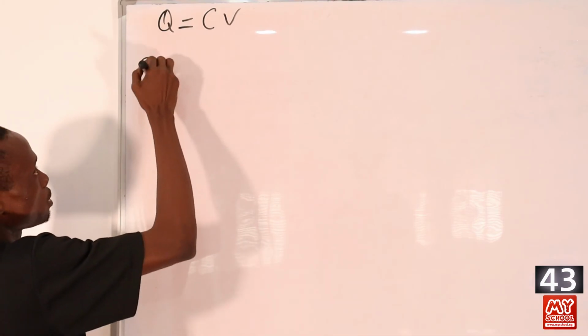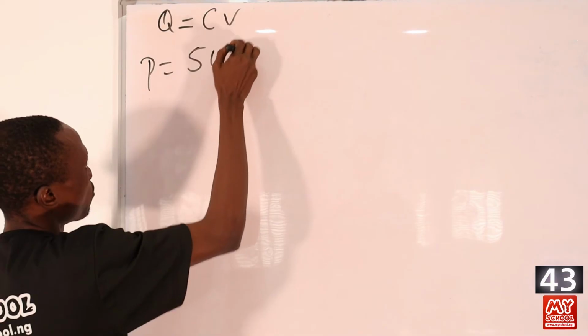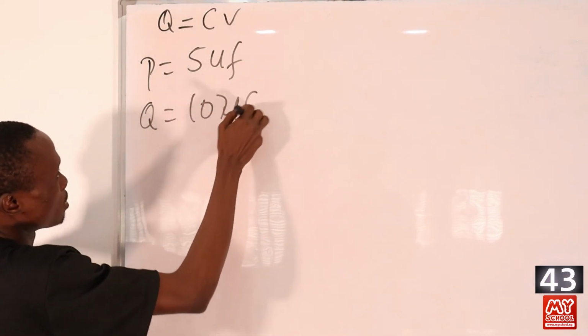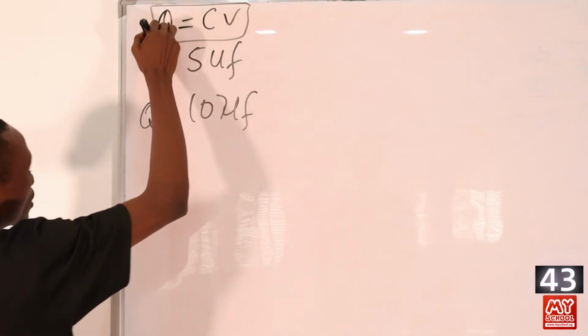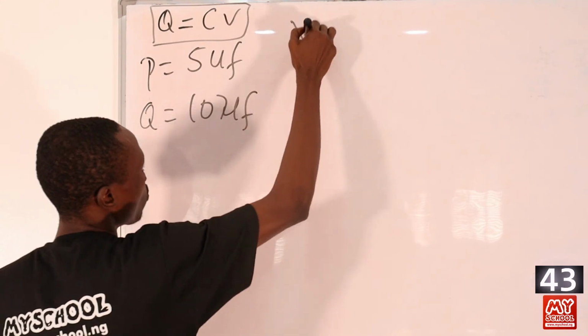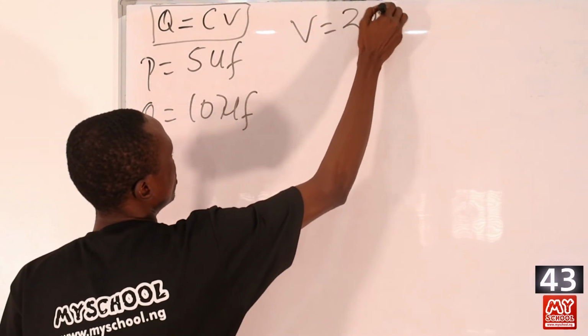For P, the capacitance is equal to 5 microfarad, while for Q, the capacitance is 10 microfarad. So using this relationship, we can calculate the quantity of charge in each of the capacitors. Now remember, in the diagram, V was given to us to be equal to 20 volts.